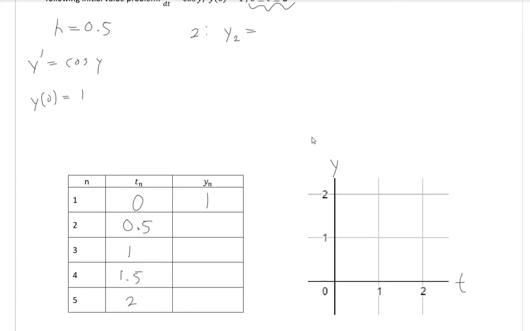The second point is going to be the previous coordinate, so 1, plus the step of 0.5 times the slope, which is going to be defined by cosine of just y. In this case, I actually don't care what t is at any point. So this is just cosine of 1. Now because it says 1 and not 1 degree, we assume that this is in radians.